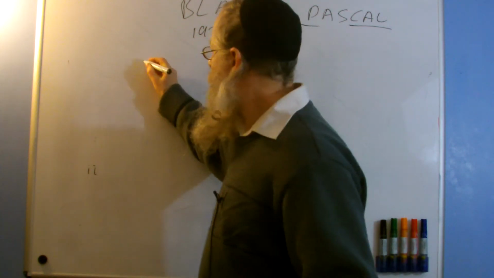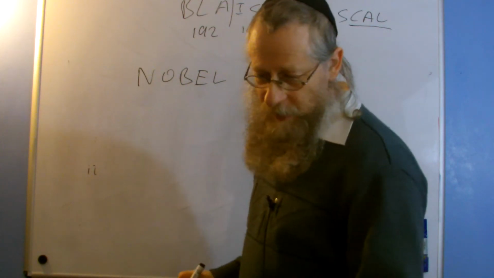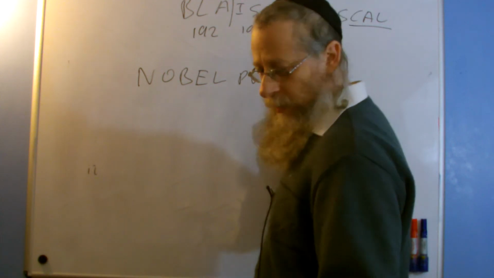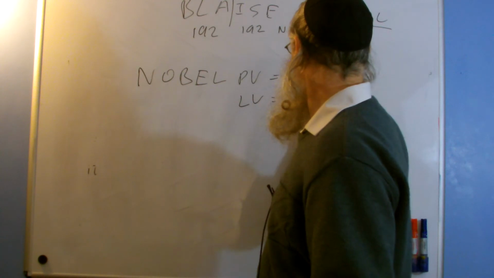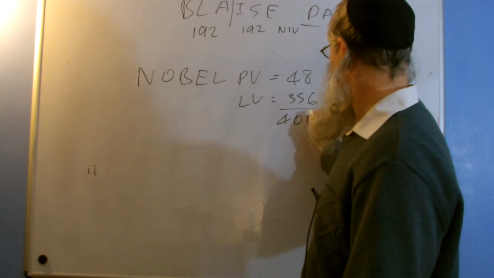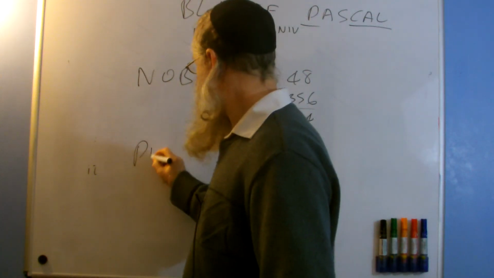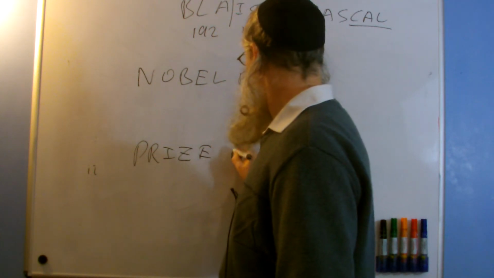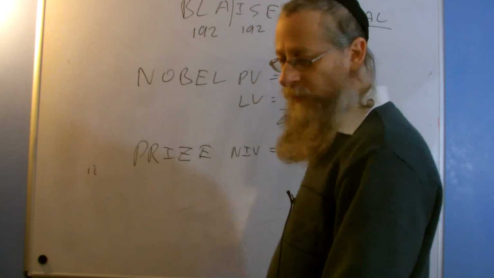we've got Nobel, and that has a placement value PV of 48, and it has a large value of 356. Added together, I get 404. And I take the word prize, and that's got a normal inner value of 404.